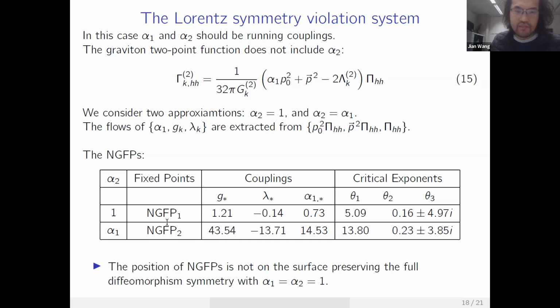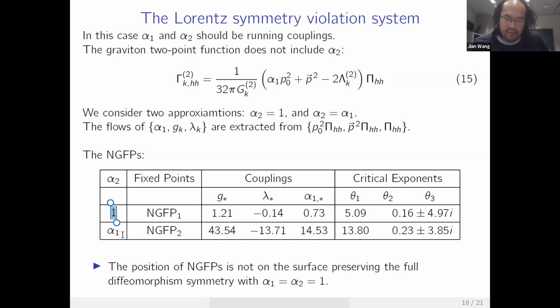From the first system, where we set the parameter alpha 2 to be 1, we found a fixed point with alpha 1 very close to 1. That means this fixed point is very close to the hypersurface which preserves the full diffeomorphism symmetry.